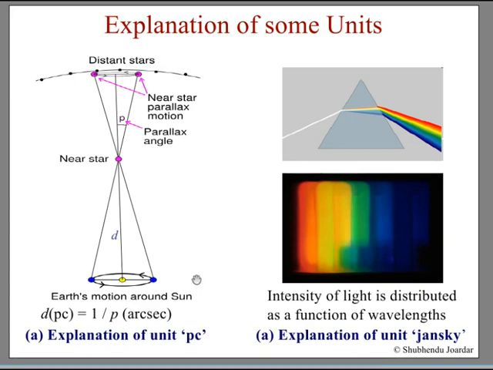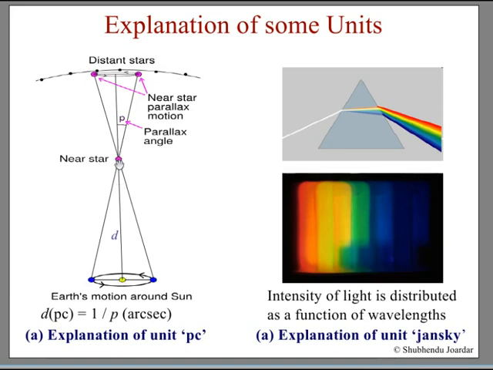So what is a parsec? If you see our solar system, Earth is revolving around the sun. The average distance, as I said, is 150 million kilometers. That is one astronomical unit.